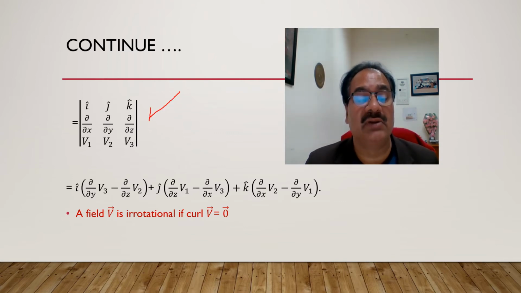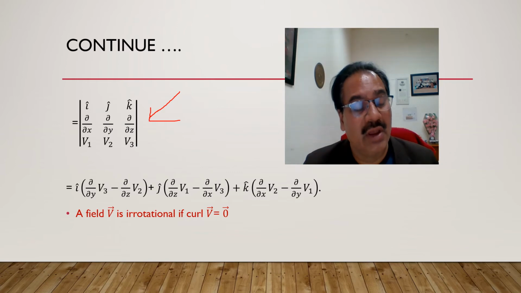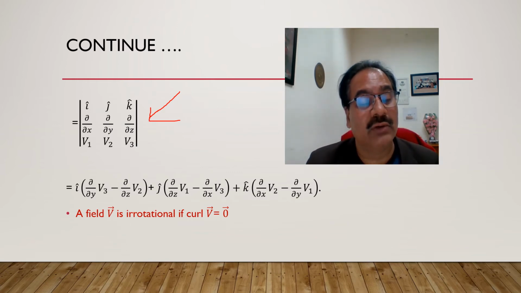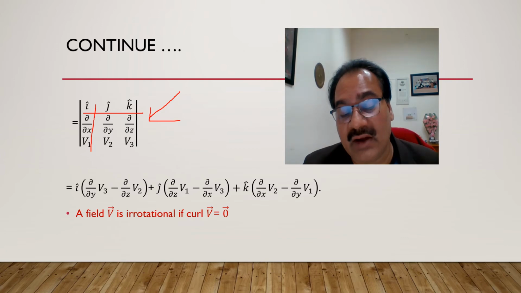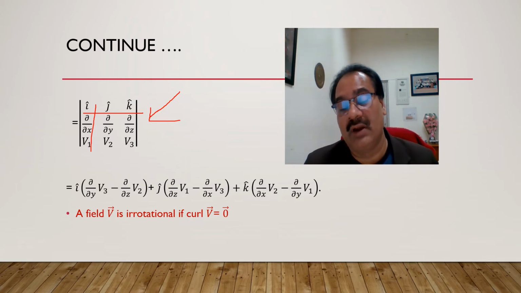You must remember this form because it is easy. It gives i times del over del y of v3 minus del over del z of v2, then j times del over del z of v1 minus del over del x of v3, plus k times del over del x of v2 minus del over del y of v1.